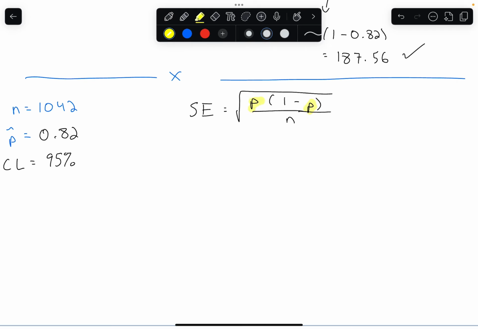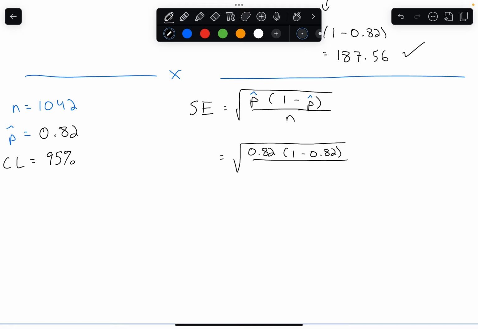We don't have that value. So instead, we're going to use p hat for those calculations. So my standard error is the square root of 0.82 times 1 minus 0.82, divided by n, which is 1042.